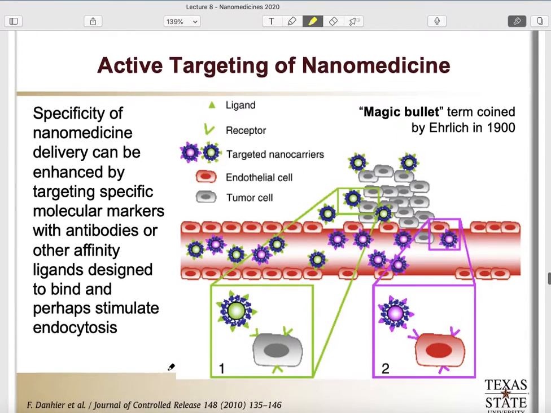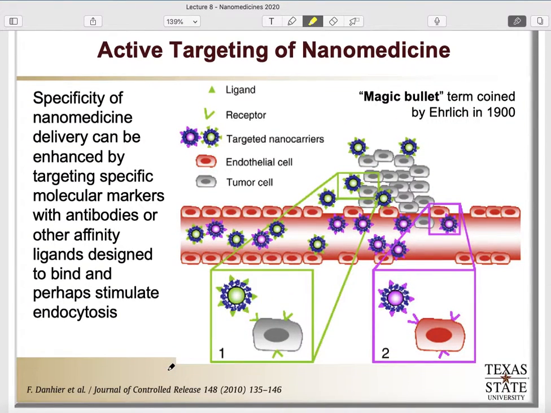We mentioned the passive accumulation of nanocarriers to the tumors utilizing the enhanced permeability and retention effect. But we can also actively target these nanocarriers utilizing ligands that have high affinity to proteins that are expressed on the tumors. So the idea is that once the nanoparticle has reached the vicinity of the tumor, then the particle would be able to bind directly to the surface of the cells.